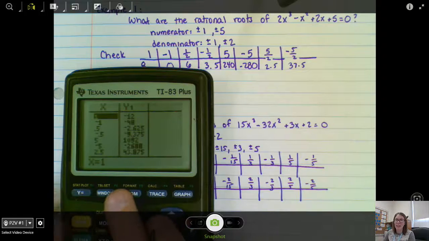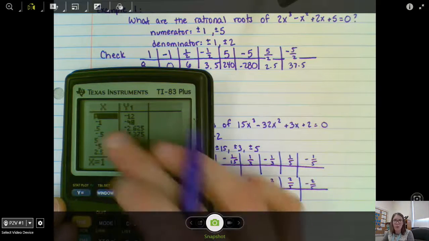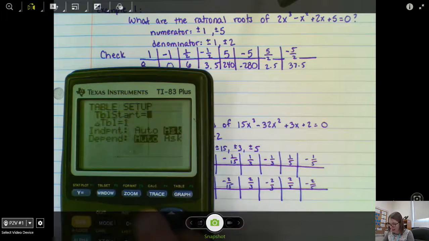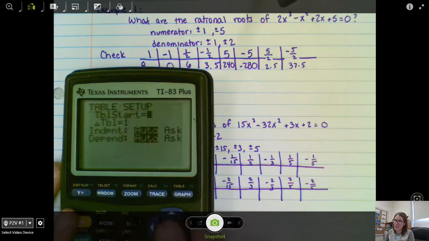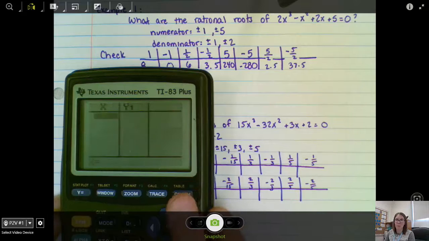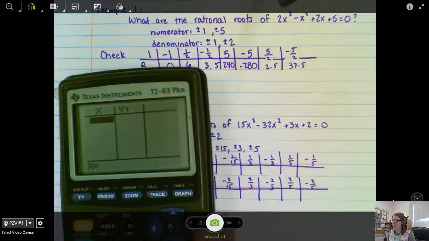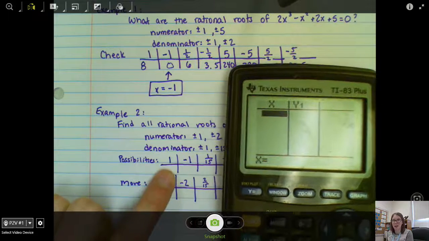My calculator is already set, so it's on ask. If you want to clear it out again, you could go back to table set, auto, and then back to your table set and ask. You don't necessarily have to do this, but it'll make it so your table's blank again if you like that. It doesn't really matter.